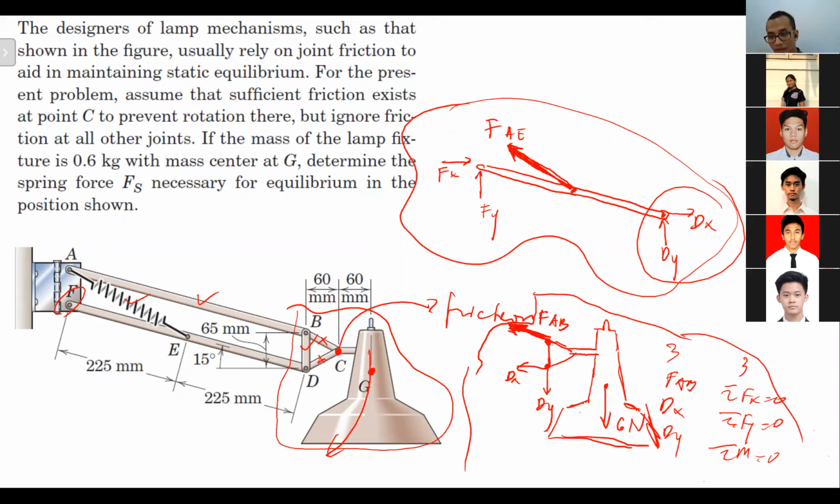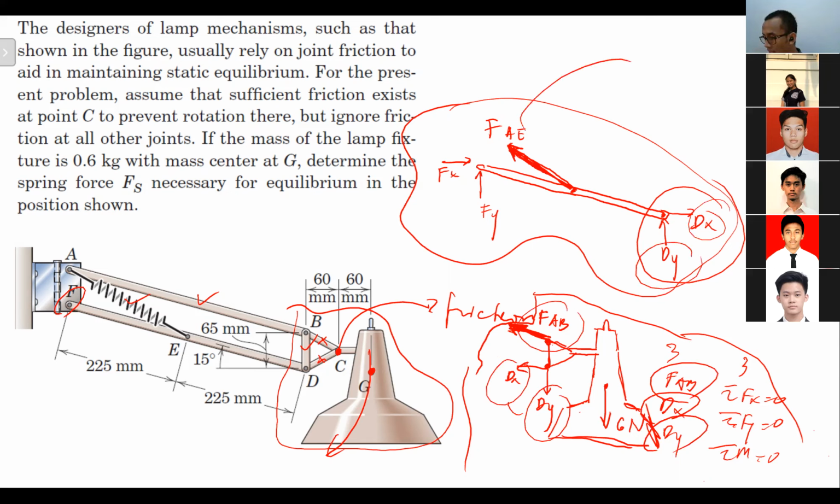It means that we will be able to solve for these. After you solve for that, we have Dx, Dy, and FAB. Dx and Dy, we can use here.